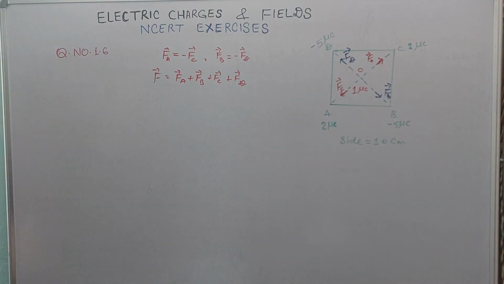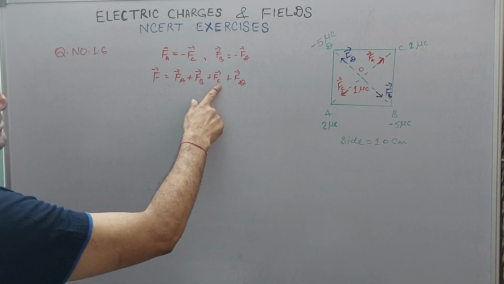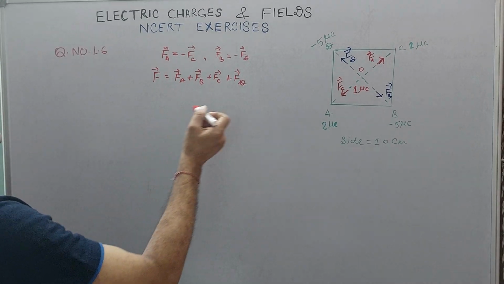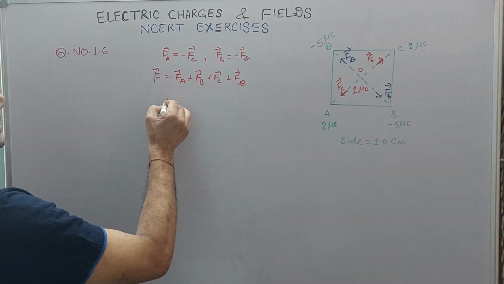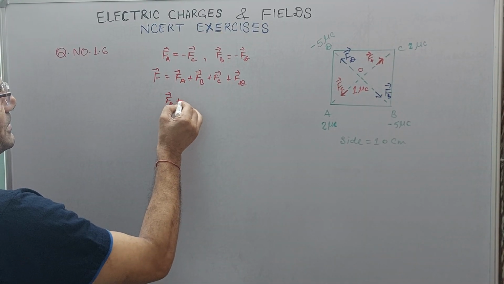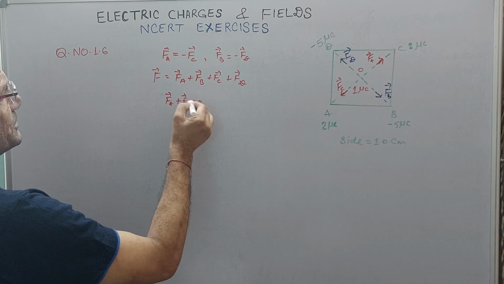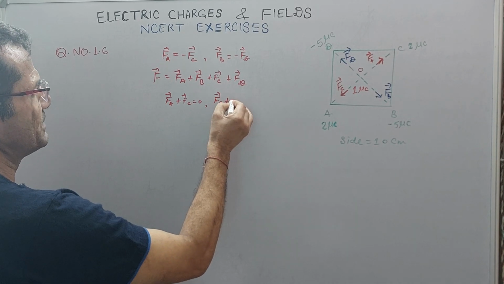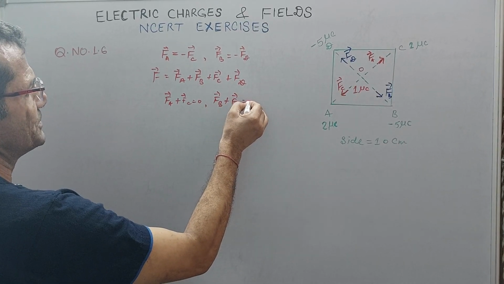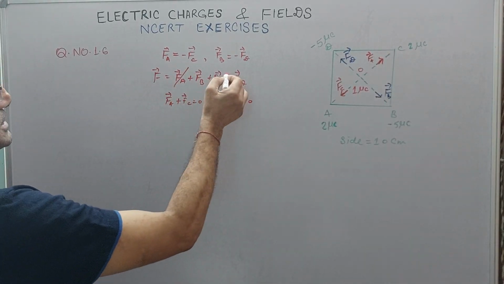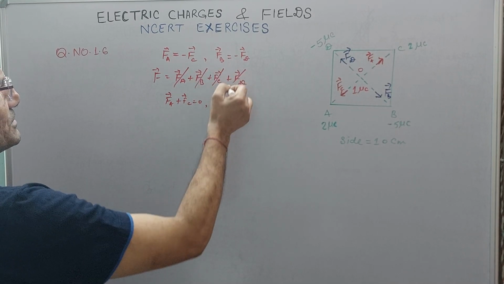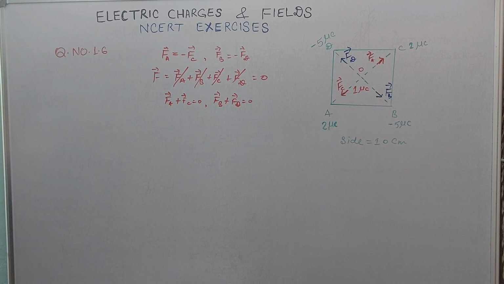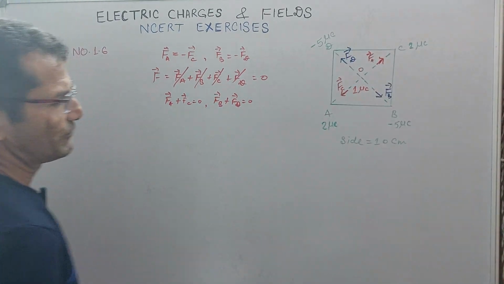Since FA is opposite of FC, FA plus FC is 0. Similarly FB plus FD will be 0. Now FA will cancel out FC, FB cancels out FD, so the final value will be 0. So the net force on the charge placed at the point O will be 0.